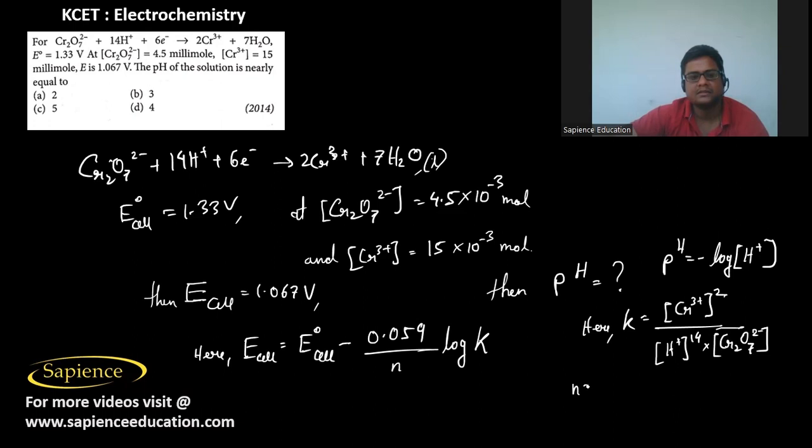And here n, the number of moles of electrons used, will be equal to 6.